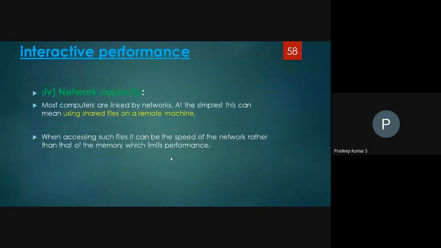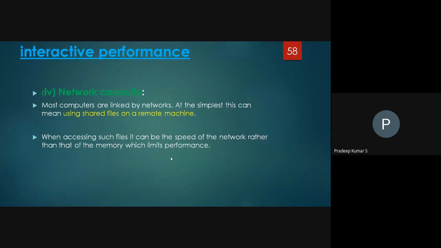Next one, the last one, is the network capacity. In the beginning of today's class, I also told you: all 150 students are listening in my class, and at the same time you are using your PC, but sharing the document with all 150 members at a single time. Here I have to maintain the network capacity.